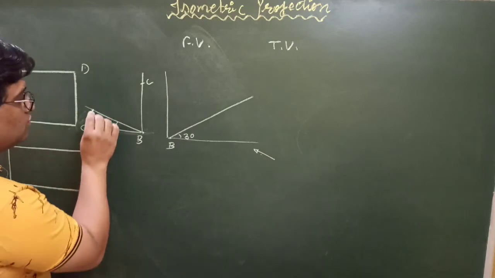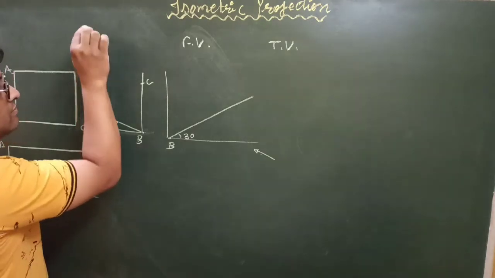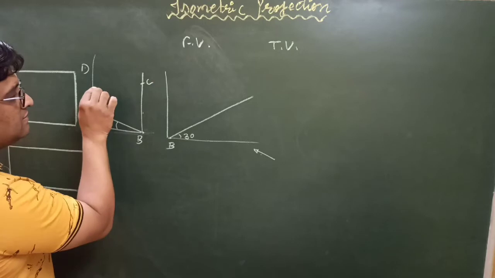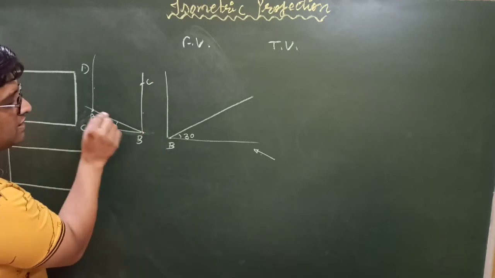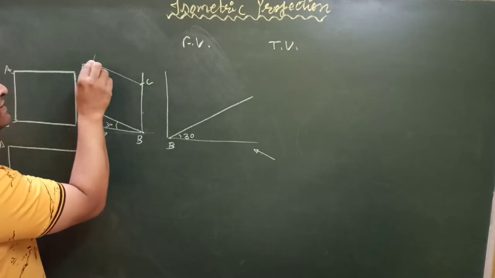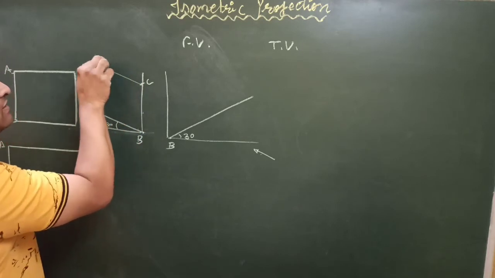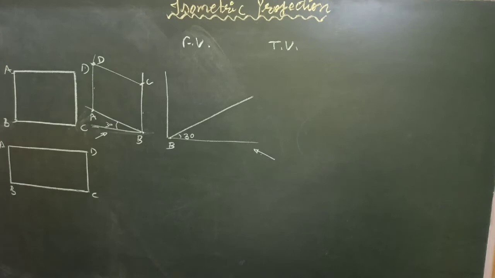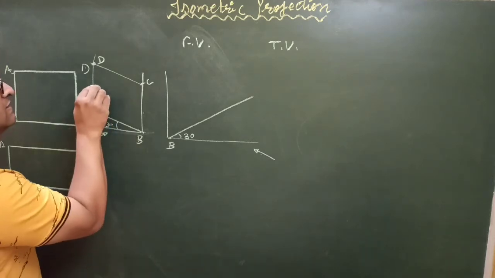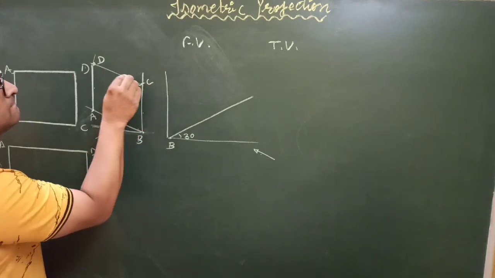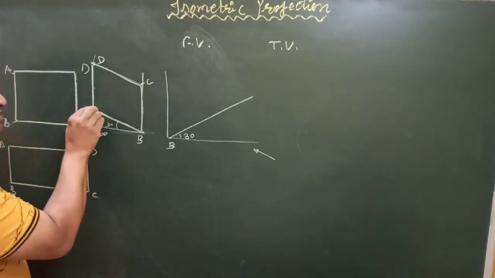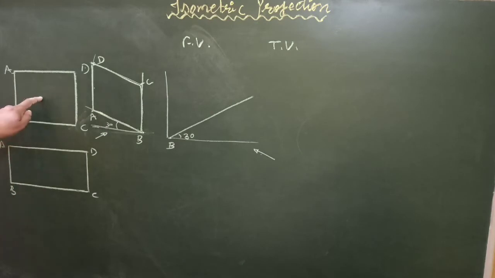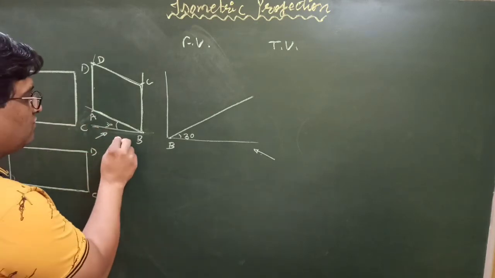Now draw a line parallel to this line here, and from C also a line parallel to BA, so as to cut at the point D. So this is the isometric projection or view of the square in front view.